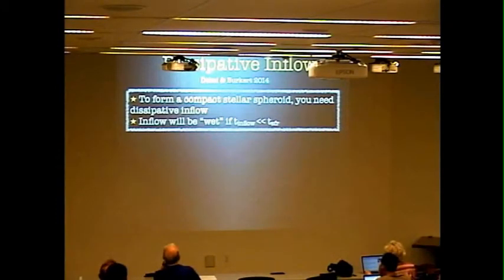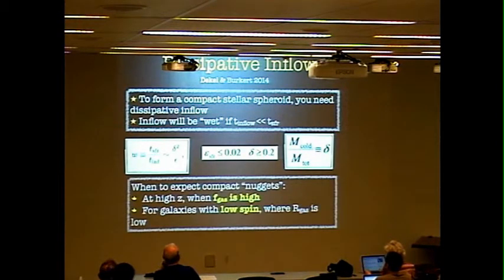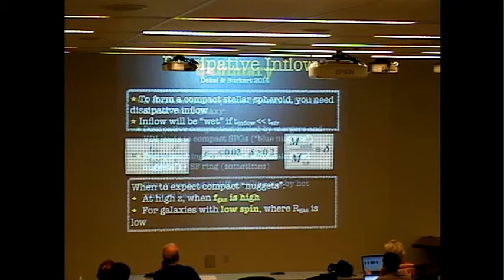I don't have time to discuss it in detail, but this was predicted by Avishai and Andy in their 2014 paper on blue nugget formation: that galaxies with low spin, where the disk is obviously low, are where you expect to form compact galaxies.